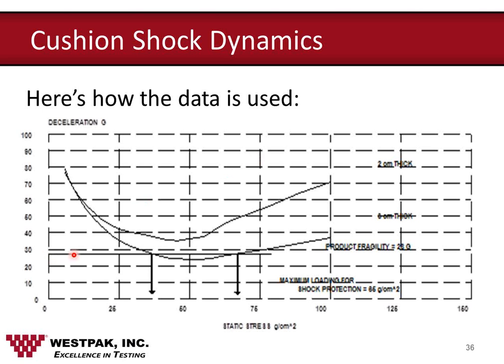If the cushion material described by this cushion curve is utilized, whatever that happens to be, then we can draw a horizontal line across this plot at the fragility level, and it tells us that we can use this thickness of material, 6 centimeters in this particular case, over the bearing area between 36 and 66 grams per square centimeter. The optimum loading for the product would be in the neighborhood of 52, right about here.